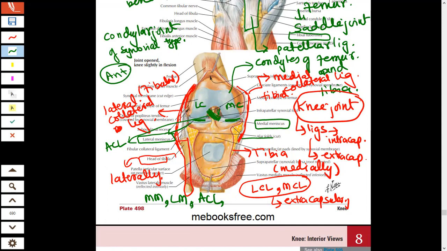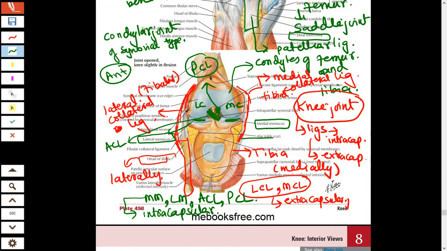And another ligament which you can see posteriorly, but it's not visualized here, is your posterior cruciate ligament. Okay. So anterior cruciate ligament, posterior cruciate ligament, medial meniscus, and lateral meniscus all are your intracapsular ligaments. They are present inside the knee joint.